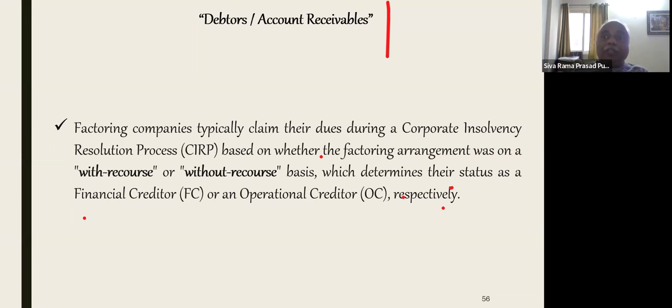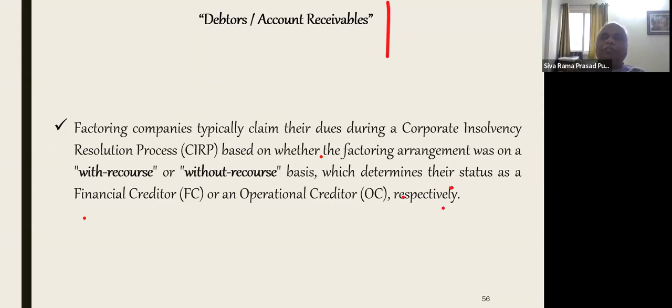Without recourse means they don't recover from me. If 60 bills are there, the factor will purchase the bills and give me, say, a 20% discount. If the particular buyers do not pay, the loss will be borne by the factoring company. That is called without recourse.